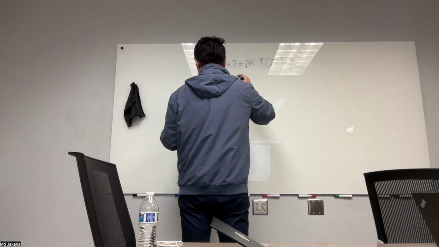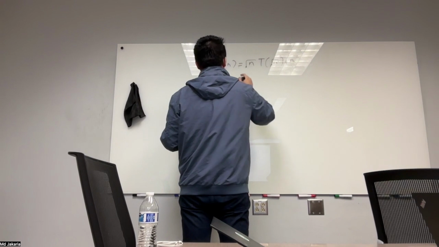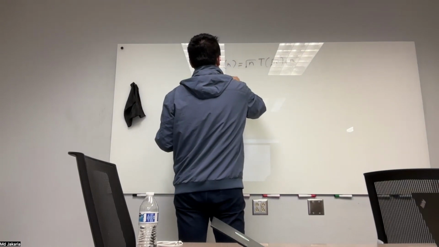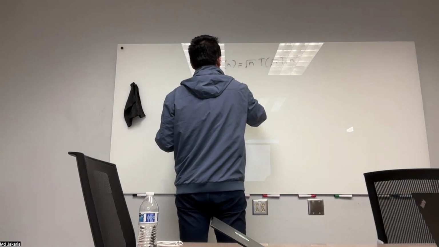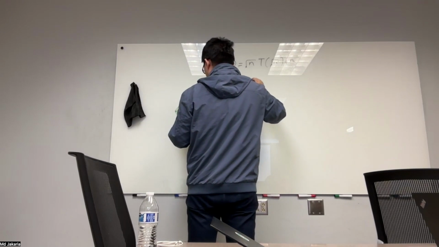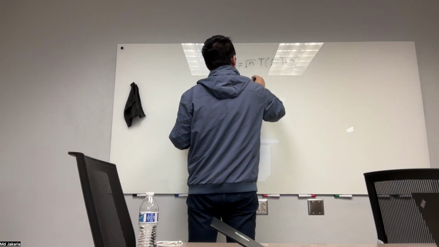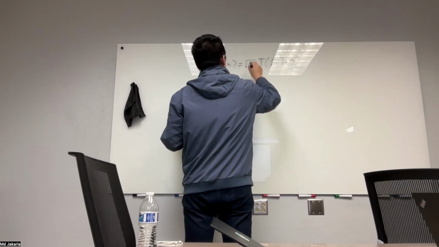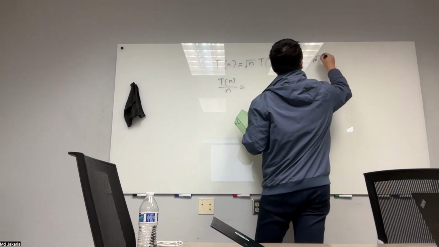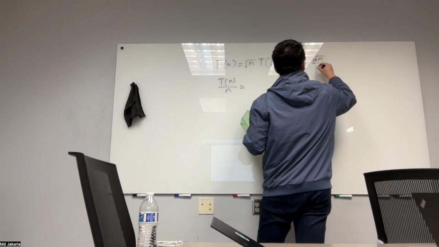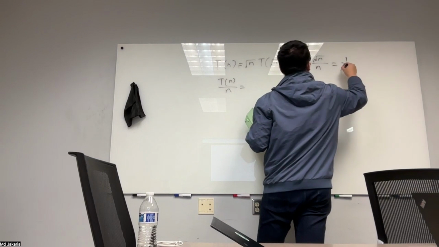So the thing is to divide both sides by n. That means T of n divided by n equals... so when you see that, this one is n divided by n, which is really just 1 over square root of n.